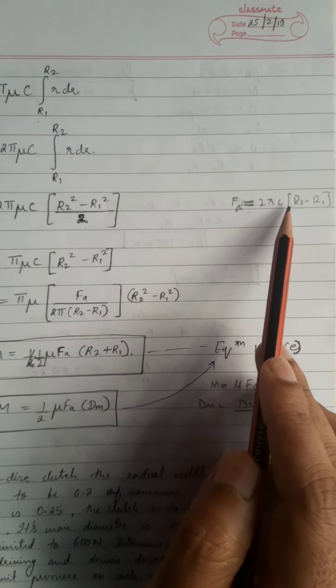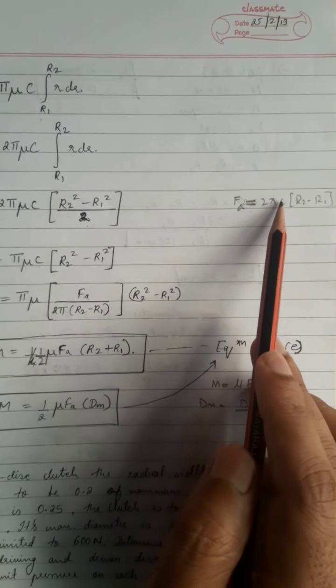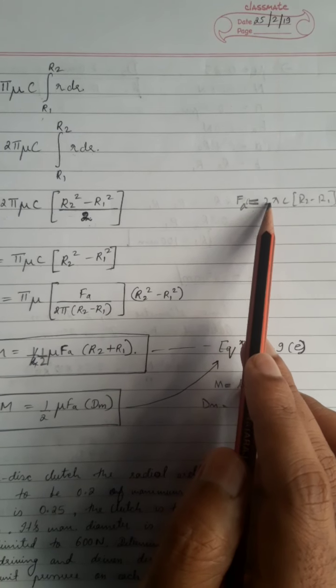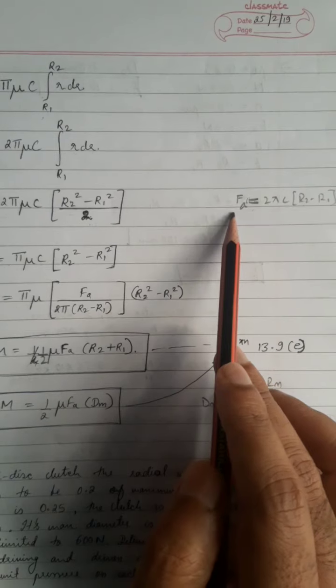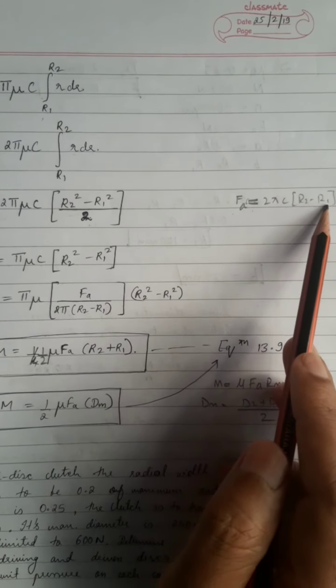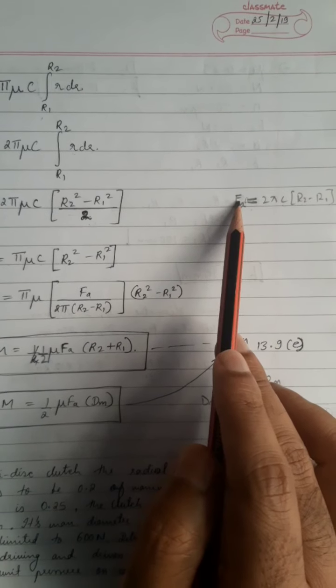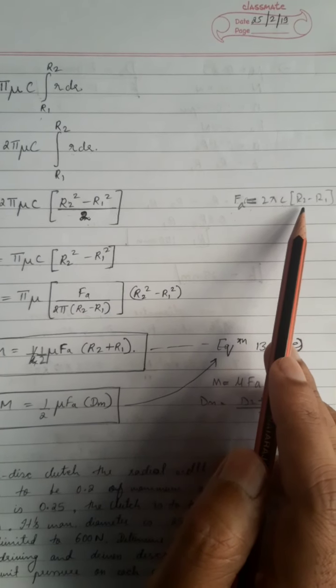So writing the equation for C, we can write C is equal to Fa divided by 2 pi into (r2 minus r1).